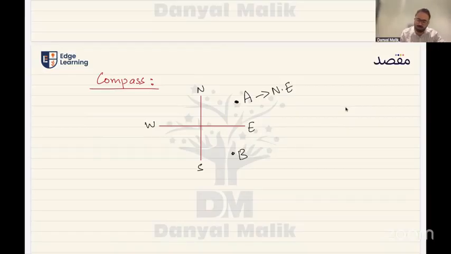Point B will be southeast. Point C will be southwest, and point D will be northwest.